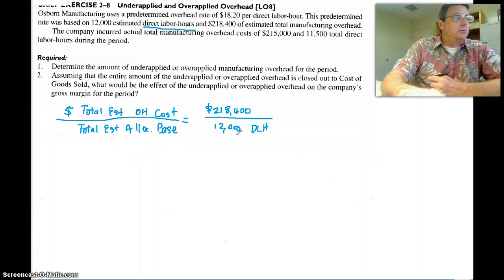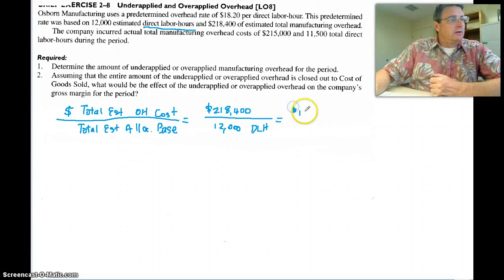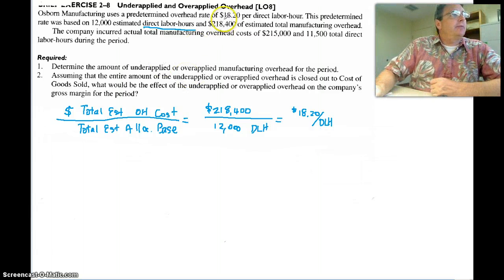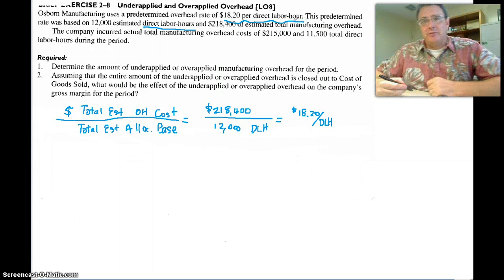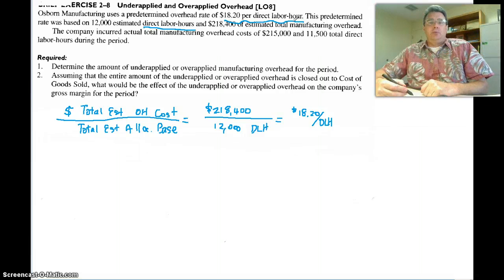So our rate then would be $18.20 per direct labor hour. Don't you feel better now that we calculated that and confirmed that that is the correct predetermined overhead rate.